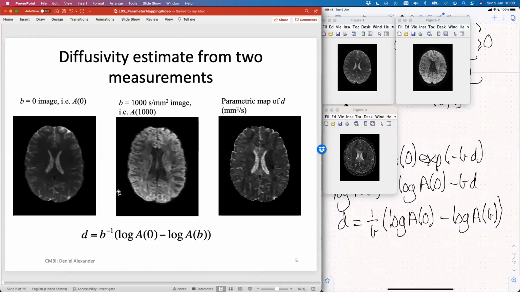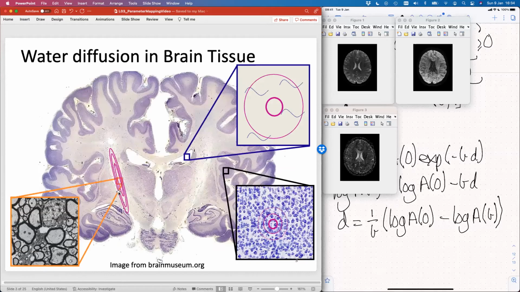In fact, if we go back a couple of slides, you can see it on this picture here. This is the corpus callosum here, looking at it from a different angle. It's a big white matter structure that links the left and right hemispheres of the brain. So it's a large structure, and the primary one that allows the left and right sides of the brain to talk to each other.